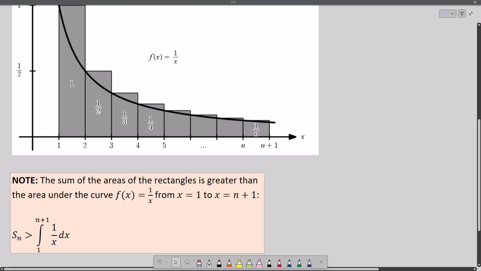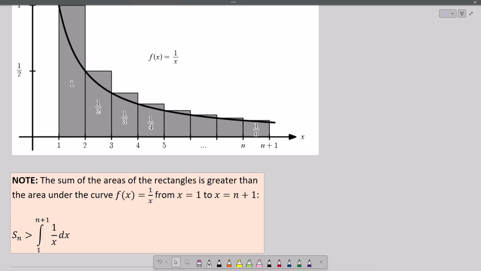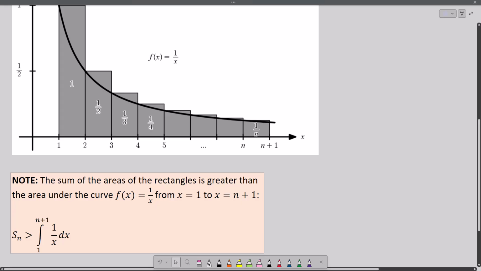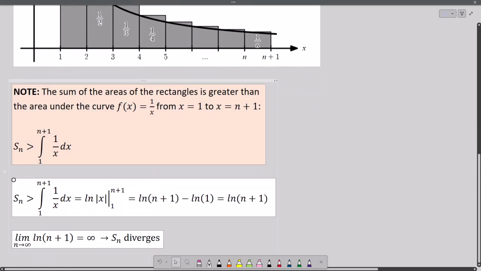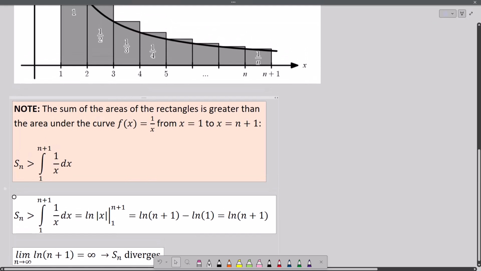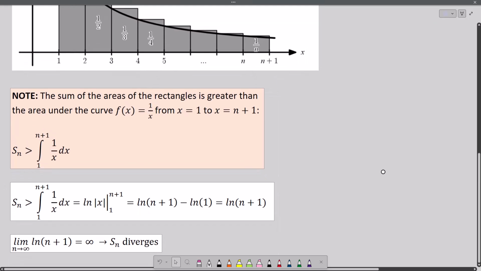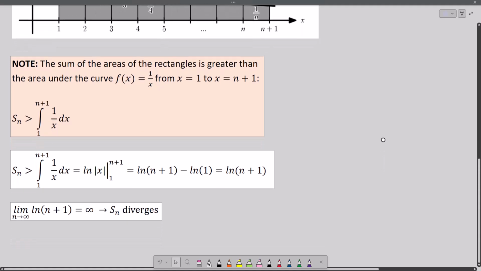S sub n is the sum of these gray boxes. That's bigger, right? There's overhang above the curve. So the area beneath the curve from 1 to n plus 1 is less than S sub n. It's less than the sum of the gray boxes. Everyone see that? Okay.